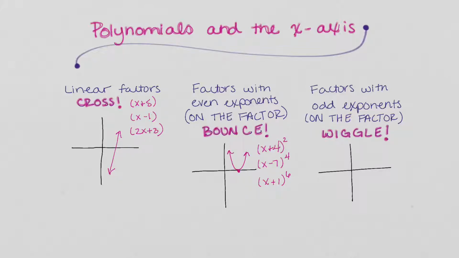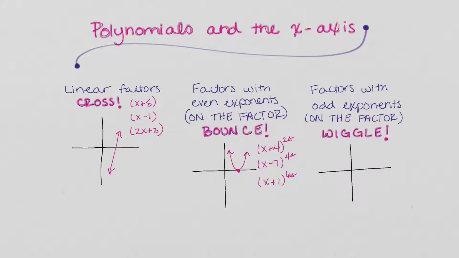And the reason for that is that the graph behaves like your factor if you zoom right in. So what does a quadratic with an x squared do? It curves. It has a U shape. x to the 4th and x to the 6th graphs also have U shapes. So if we zoom in at that 0, it's going to behave like the parent function for that factor, so an x squared or x to the 4th or x to the 6th.